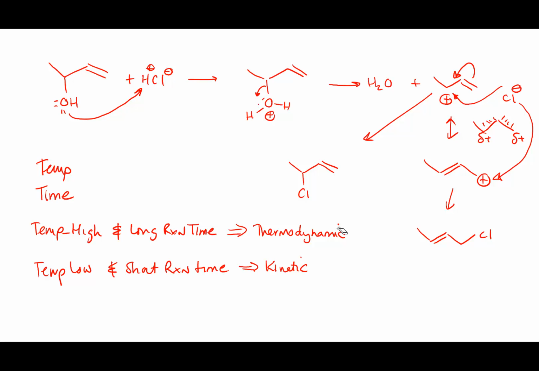Primary, secondary, tertiary, we never said that one's more stable than this, because that's not a rule. There's no way to determine the stability of alkyl halides. So the alkyl halide part is irrelevant. What is important is the double bond. We have talked about what is a more stable or less stable double bond. The more stable double bond is the one that is more substituted. So in this case, we would say that the product on the right is the more stable product.